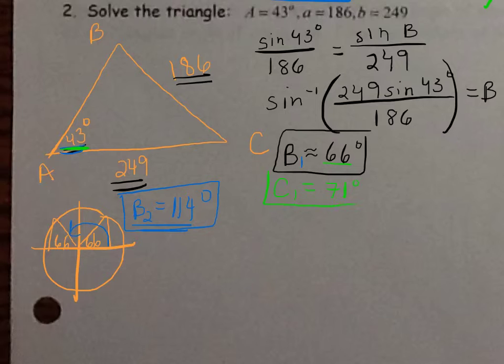Then if I think of the idea, what if B is 114, and I take 180 minus 114 minus that given 43, my other possibility for angle C would be 23 degrees. So you can see I've got 2 different possibilities for angle B, 2 different possibilities for angle C, which means I should also have 2 possibilities for side C. So let's show all that work over here. Let's get one of these completely done.